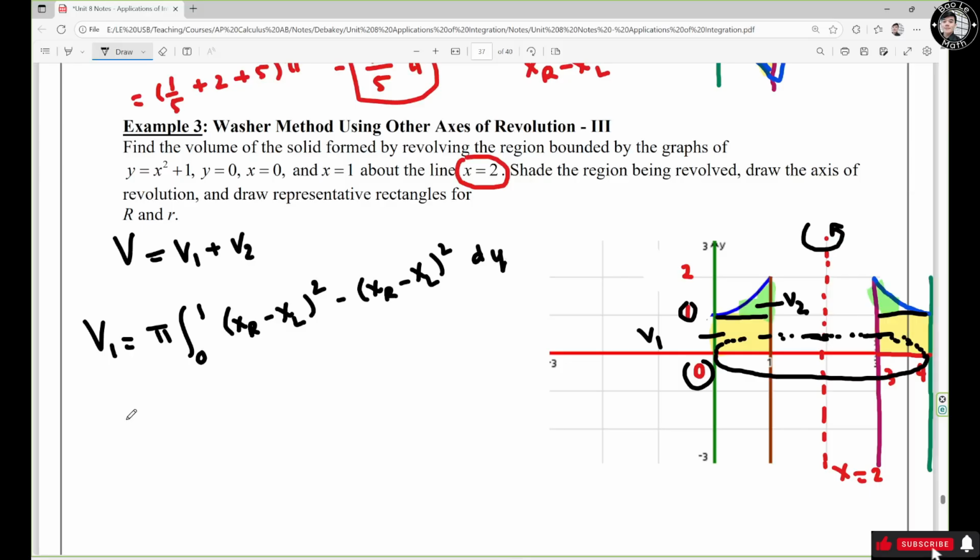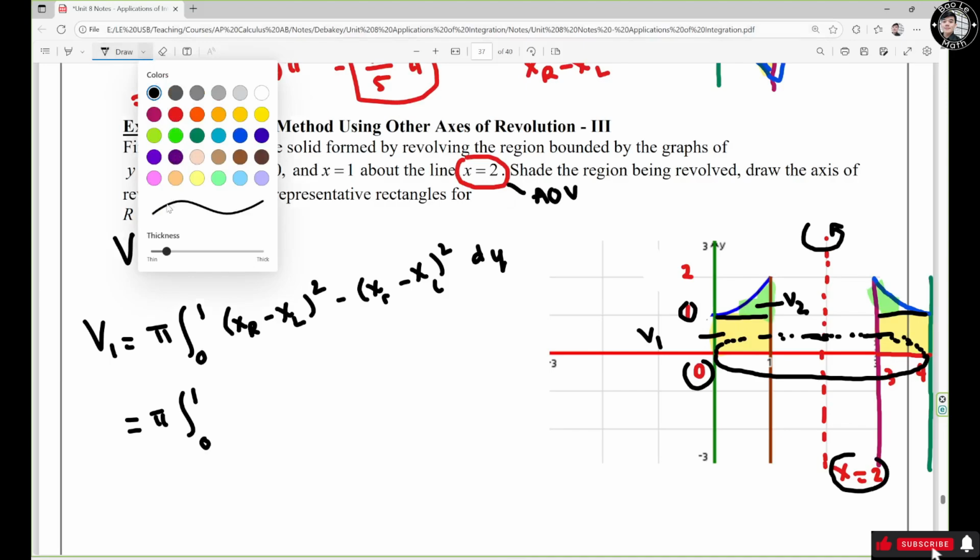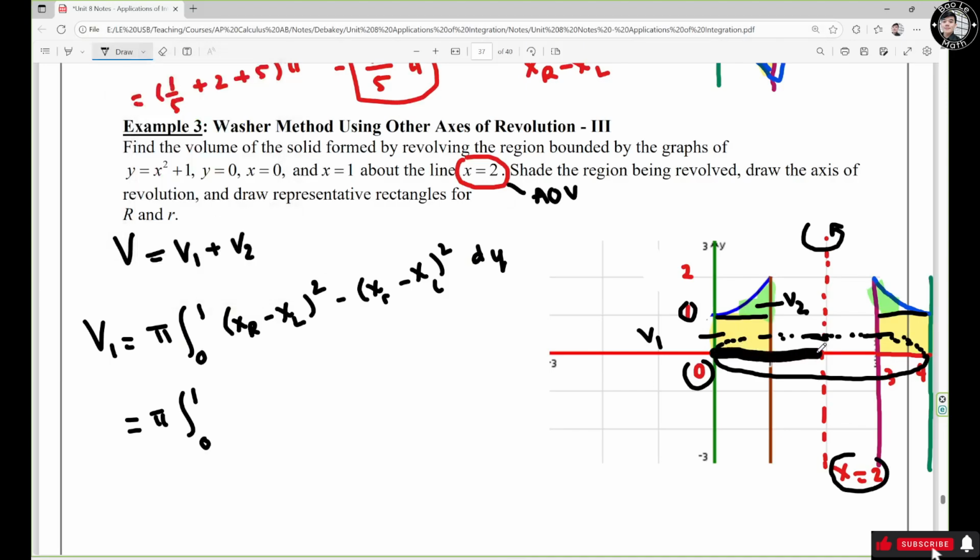So it's going to be pi times the integral from 0 to 1. Now remember, the axis of revolution is s equals 2 right here. So the bigger radius is from here to here, so it's going to be 2 minus 0 altogether square.